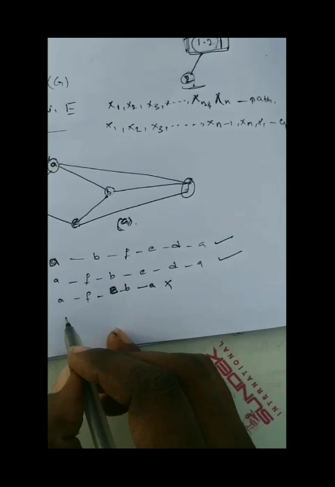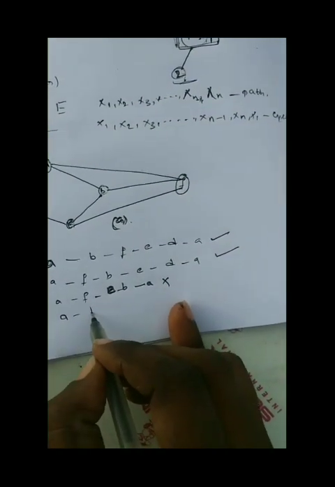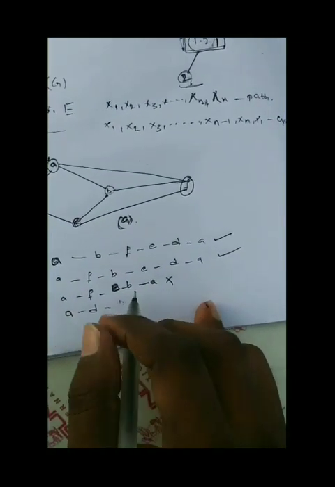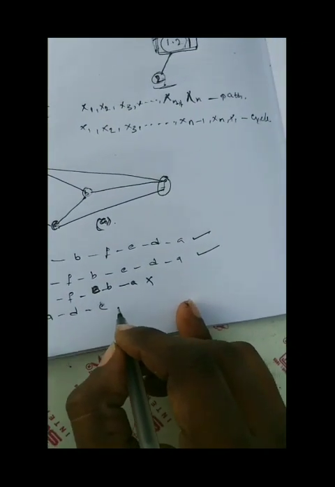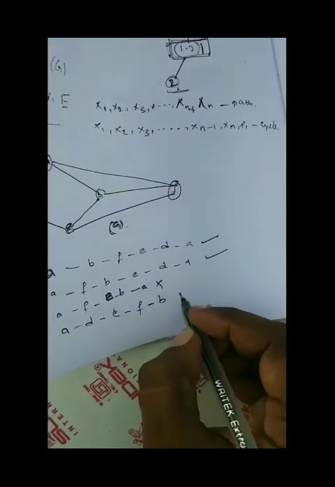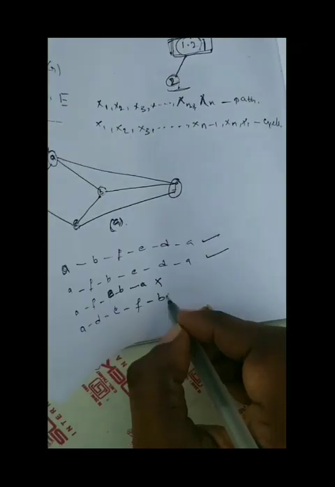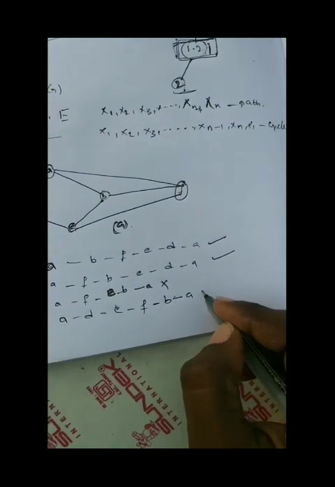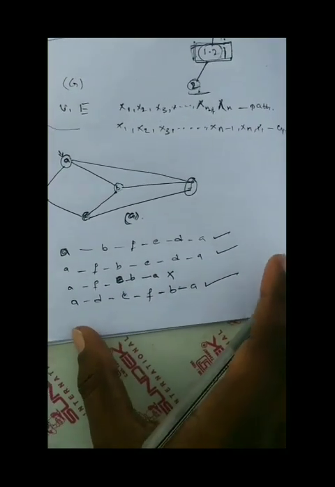Take another possibility: from A to D, D to E, E to F, F to B, and from B to A. So this is another possible path.